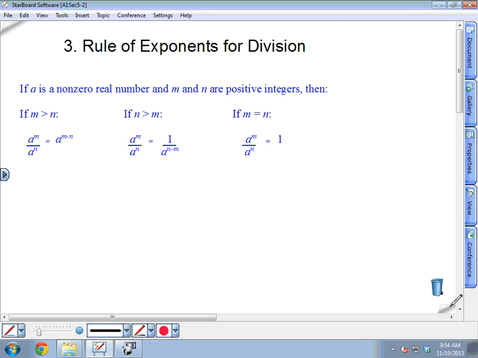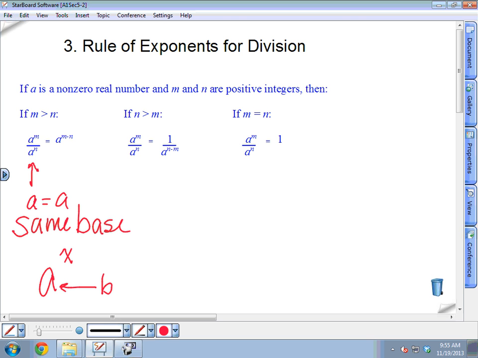If I have something raised to a power on the numerator and something raised to a power on the denominator, and that something is the same, notice A equals A. It doesn't matter if it's x to the m over x to the n. The base is the same. So we're talking about the same base. Remember, a to the x means a is the base, and x is the exponent.